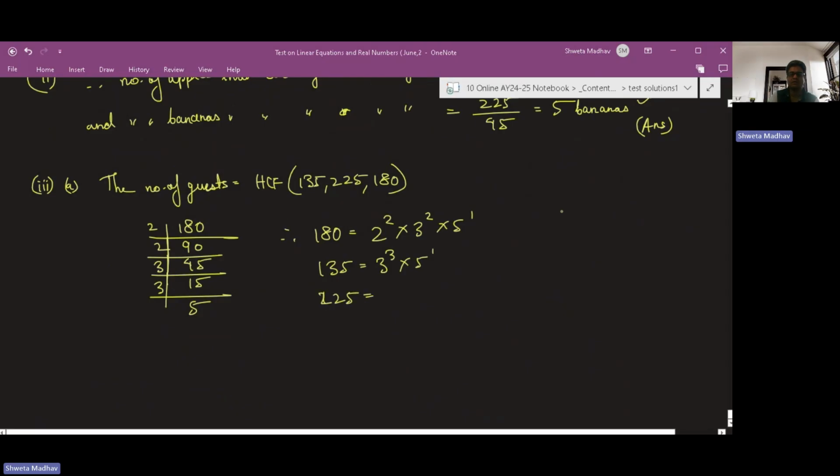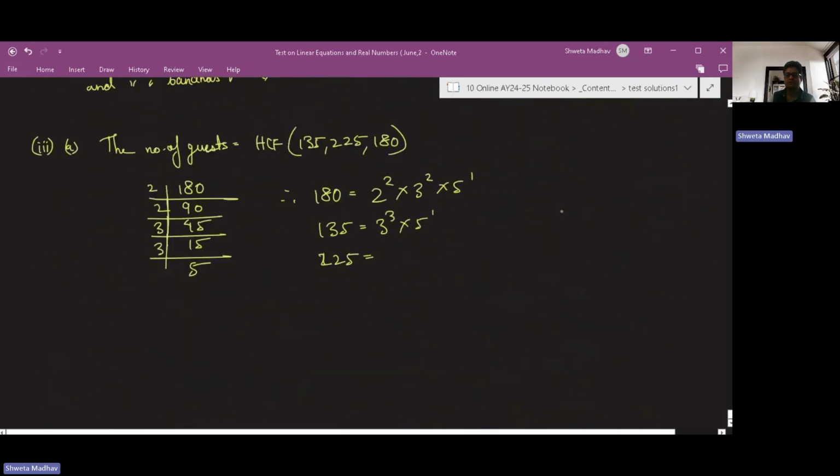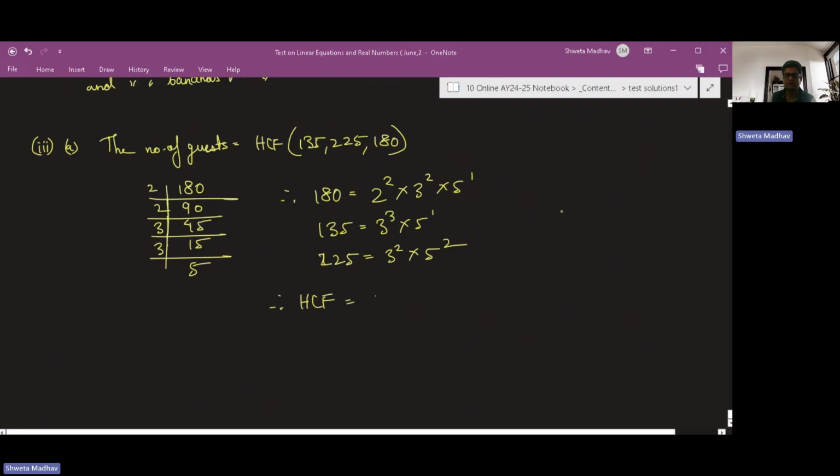The prime factorization of 225 is 3 power 2 into 5 power 2. So now for the HCF of them, you have to take the least exponents of the common prime factors. The common prime factors are 3 and 5. The least exponent of 3 is 2, so 3 power 2 we have to take. And the least exponent of 5 is 1.